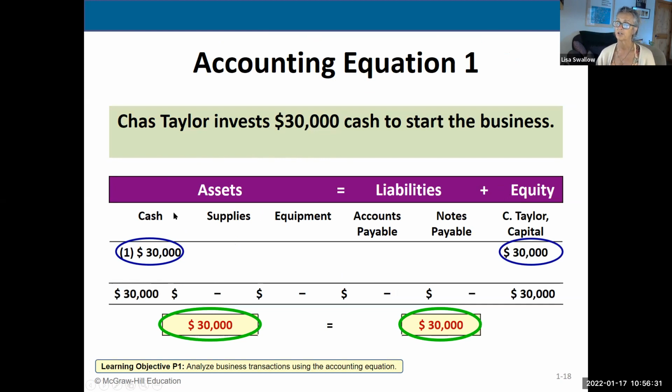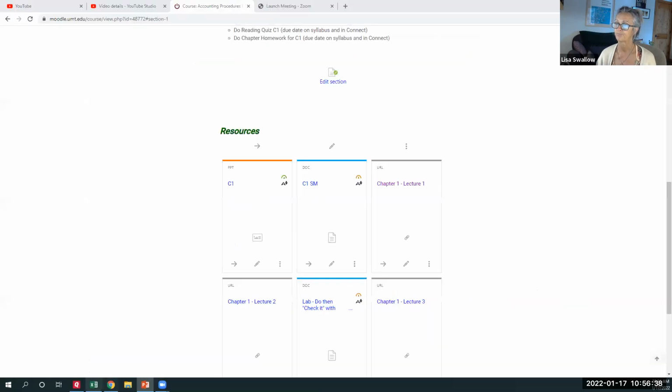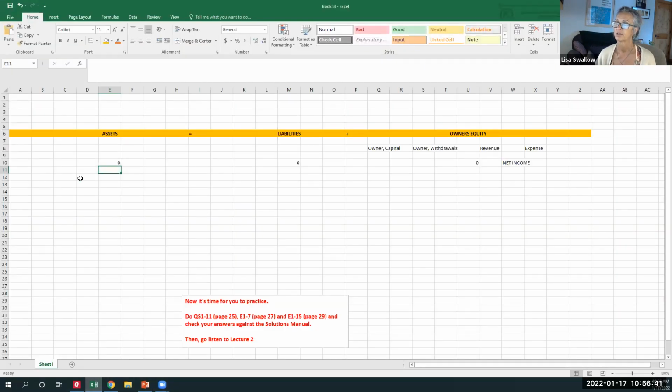So now we have to put some sub-accounts, don't we, under assets and liabilities. So let's go do that. So my sub-accounts are cash, supplies, and equipment. These are kinds of assets. These are the 3 things that I own in my business, or kinds of assets that we're going to be using.